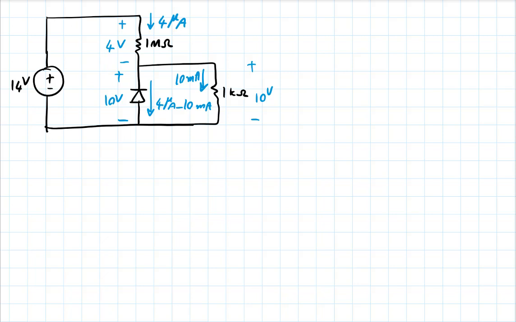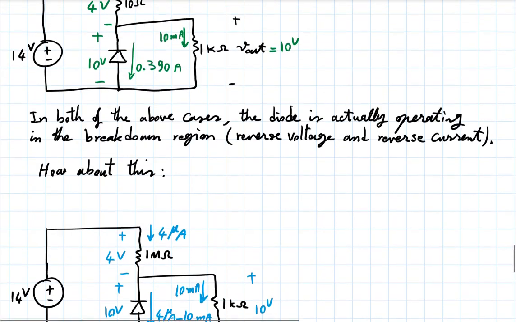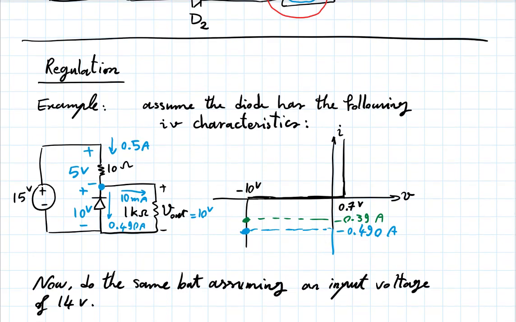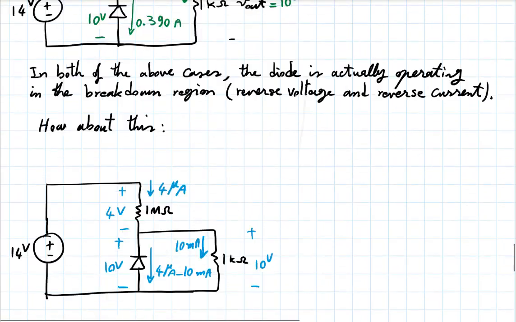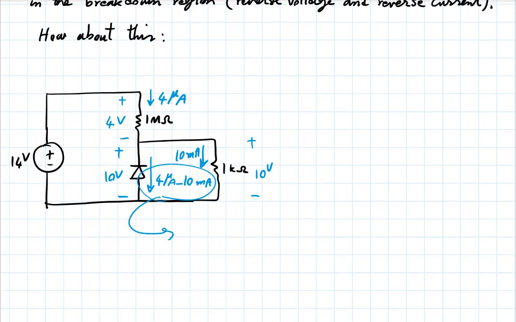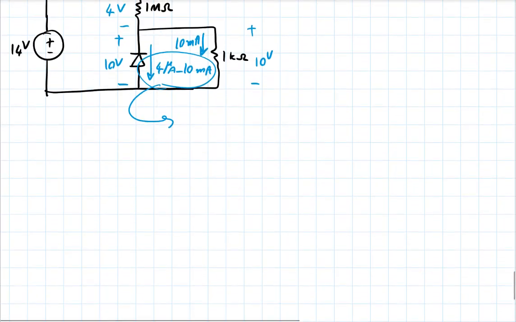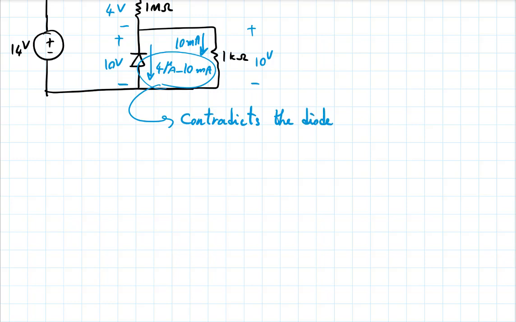So it means you need the 10 volt reverse on the diode, but a current in the forward direction. That contradicts this curve. You can have your 10 volt reverse, that's fine, but that would require a reverse current, not a forward current. So this contradicts the diode being in breakdown.